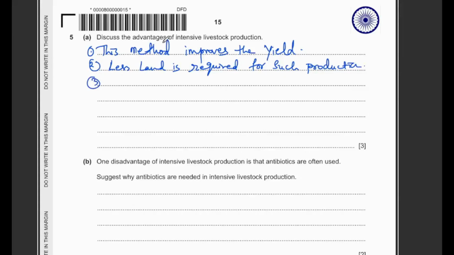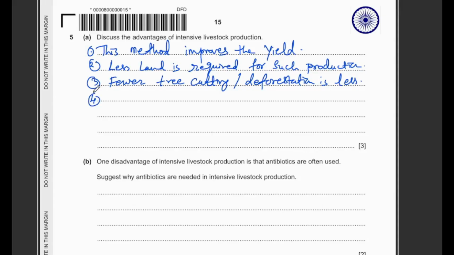Third one, intensive livestock production means we are protecting nature also. That means fewer trees are cut, or you just write less deforestation.